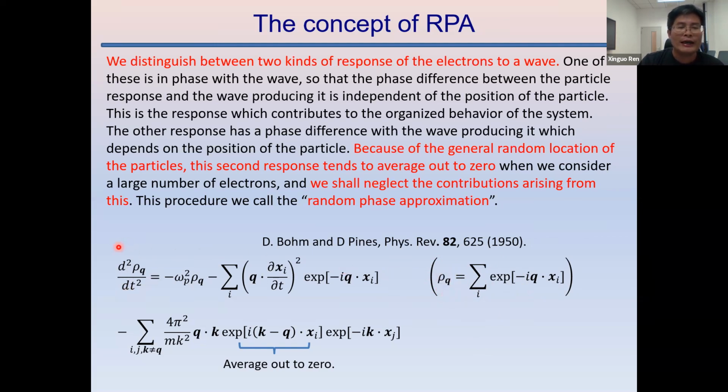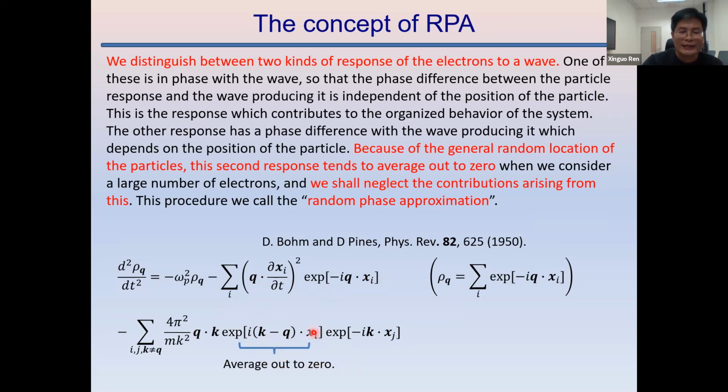If you write down the equation of motion of rho Q, you'll find that there are terms which only depend on the Q component of the density fluctuation, and there are terms from other momenta. The coupling of the Q component with other momenta appears in a phase factor here.